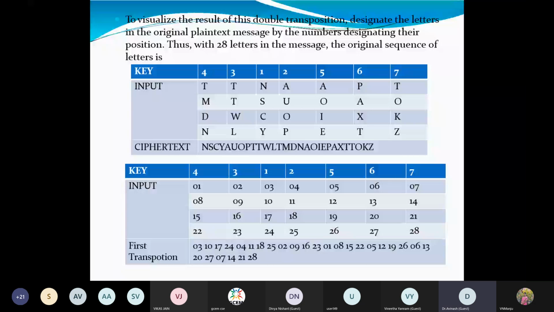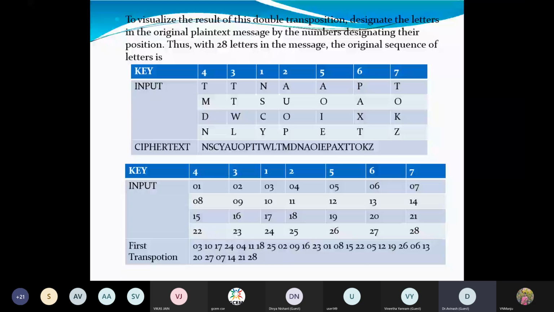So the first transposition looks like this: 03, 10, 17, 24, 04, 11, 18, 25, 02, 09, 16, 23, 01, 08, 15, 22, 05, 12, 19, 26, 06, 13. You understand the way the transposition has been done.